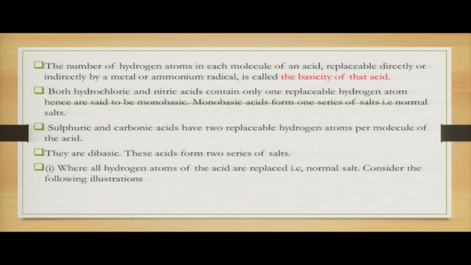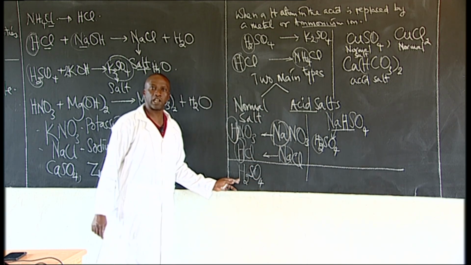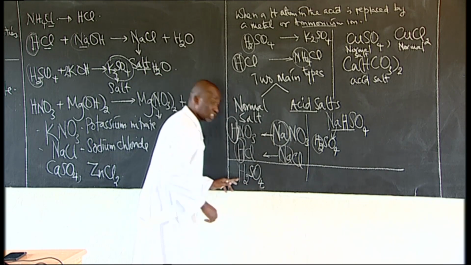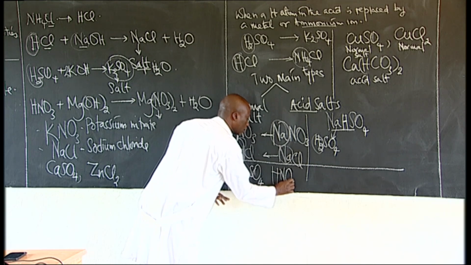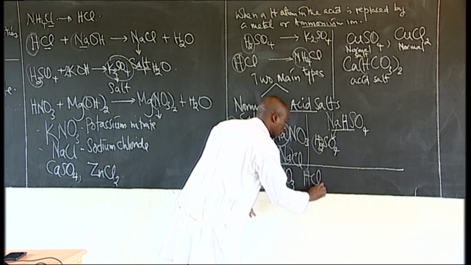When we look at the acids, something also we need to mention here, we have a number of acids as we have looked at them before. We have this acid. What is the name of this acid? I hope you still remember. This is sulfuric acid. We have nitric acid, and we have hydrochloric acid.